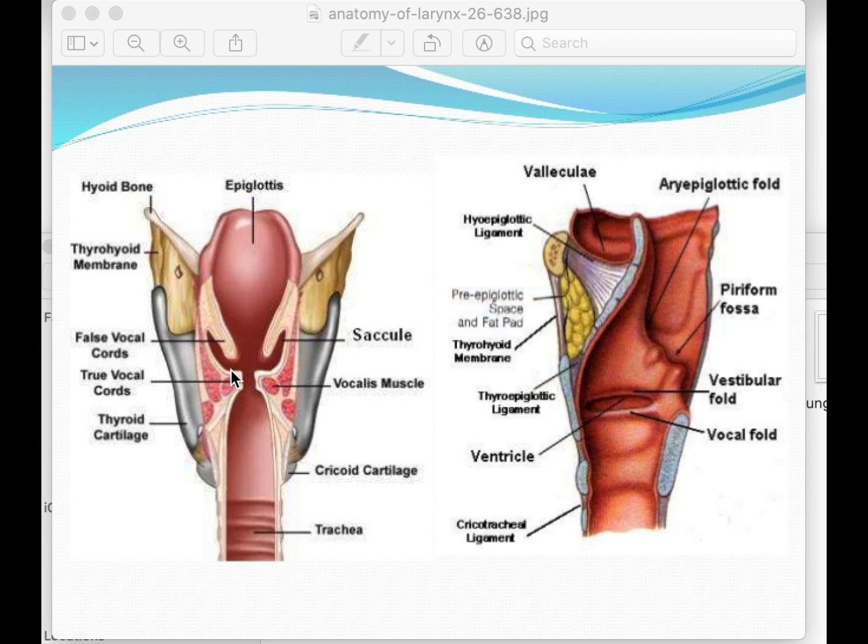So here, the vocal fold comes out here. So this view right here, the one on the top is the vestibular fold, and the one on the bottom is the vocal fold.